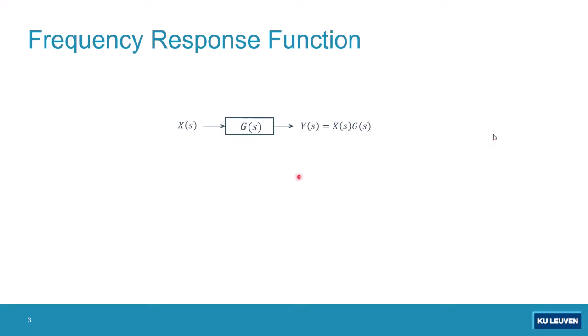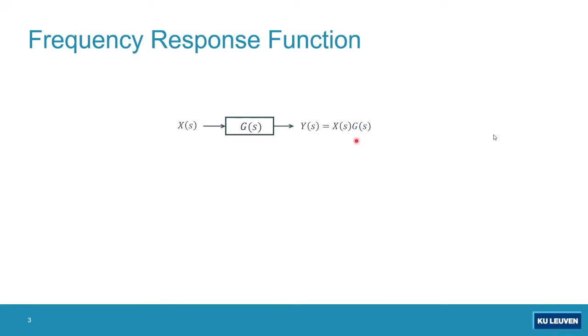Let's consider a system where the transfer function is equal to G(s), and if to this system we give an input X(s), then the output will be equal to X(s) times G(s).